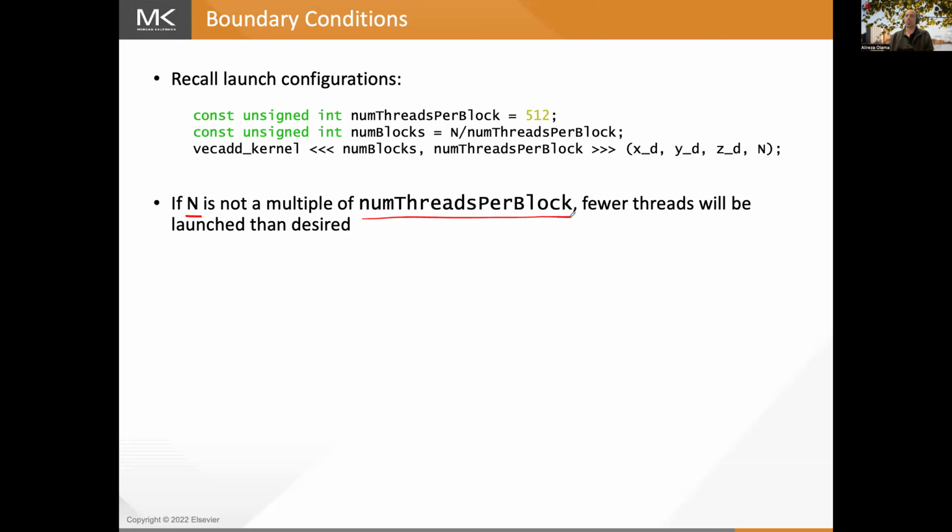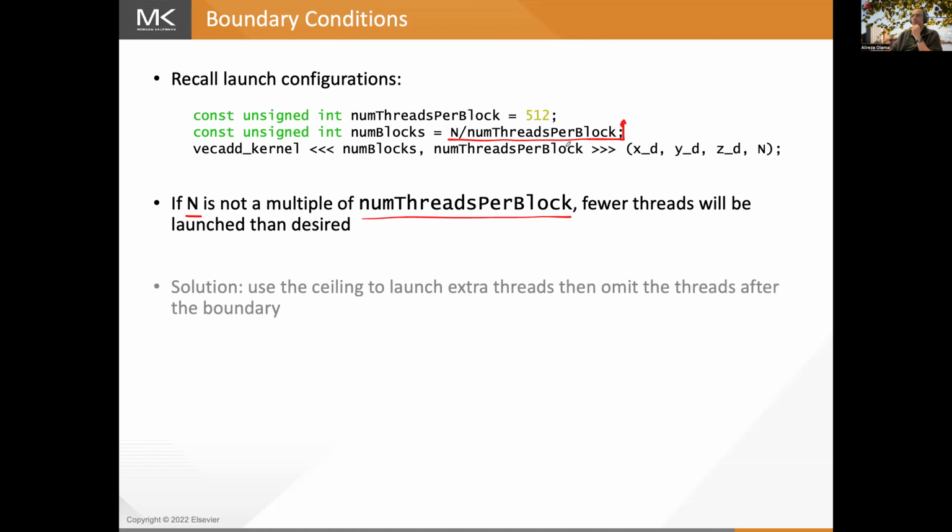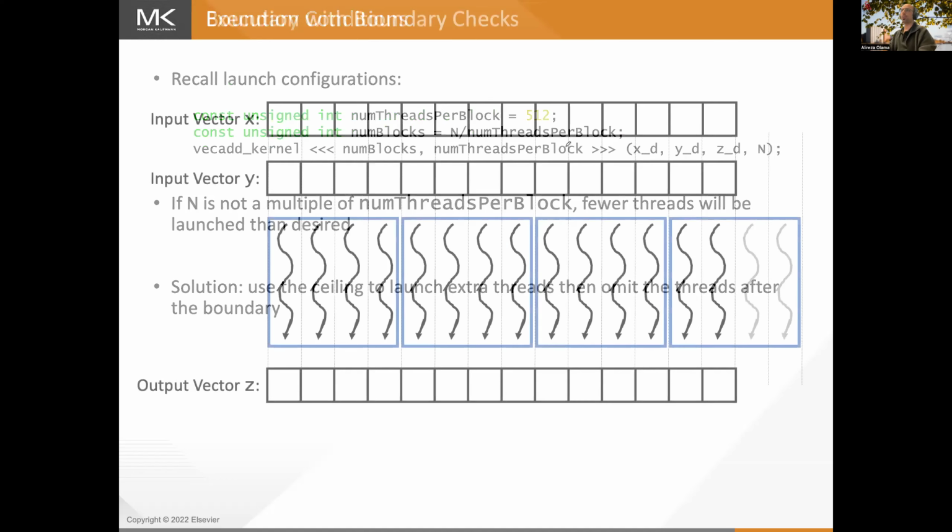So in this case, you just round this division up. Then you have another block, and by introducing a new block, you have a set of new threads, and you have to manage those threads as well. So it's quite easy to handle.